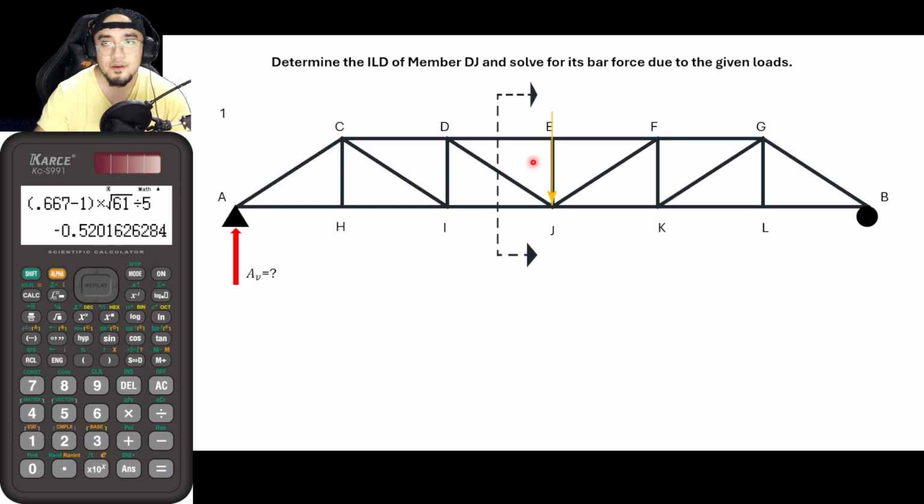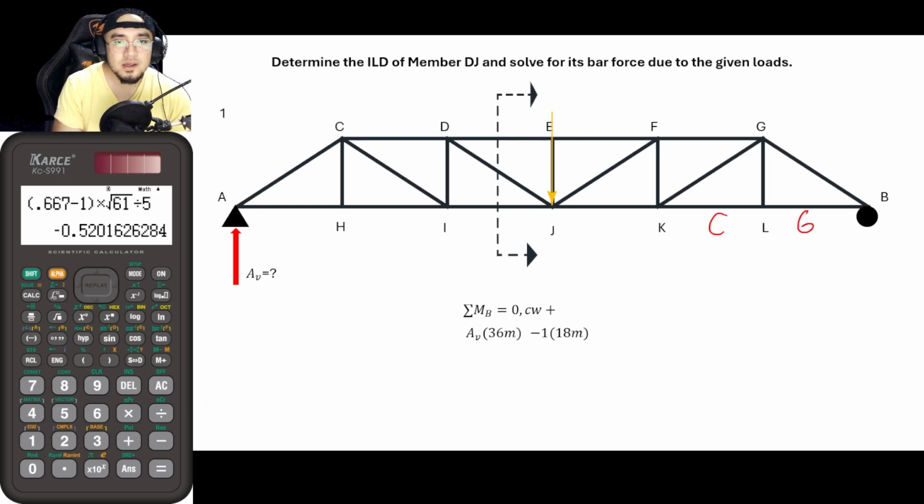Okay, so again, summation of moment at B clockwise positive, that is AV times once again the lever arm is 36, minus 1, this is 1 guys, times the lever arm of 18. Where did 18 come from? So this is 6, 6, and 6.